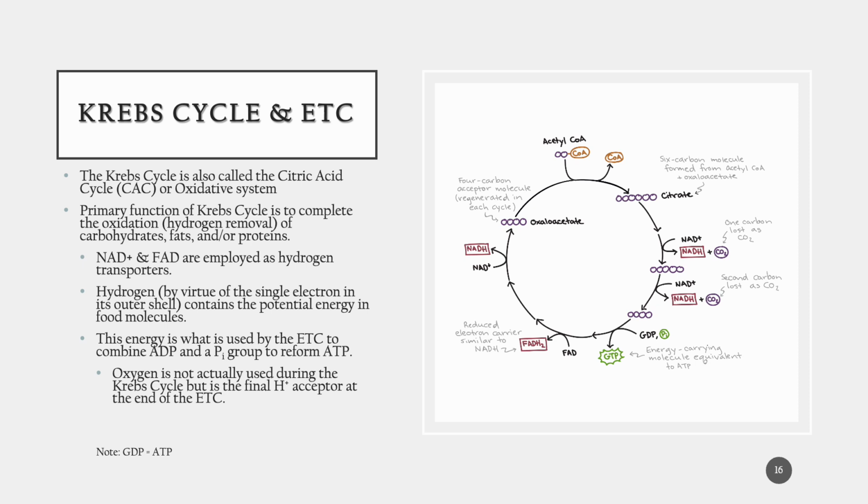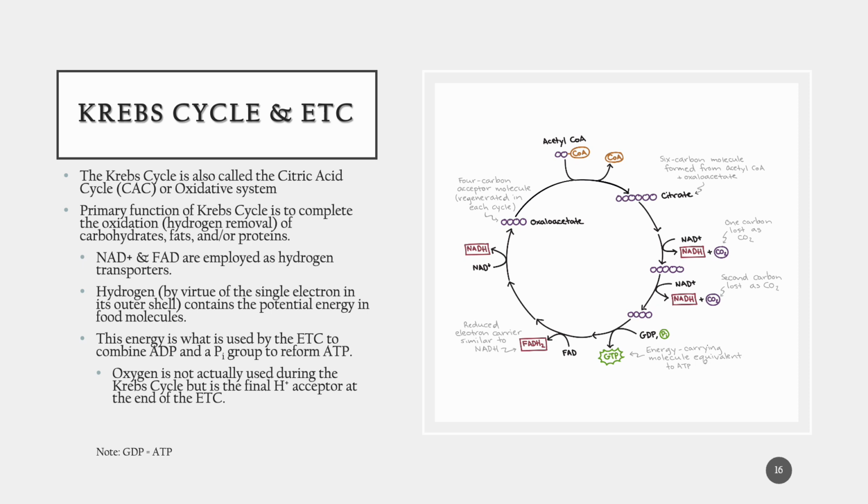It contains the potential energy in food molecules for the synthesis of ATP, which is our ultimate goal for this entire section. This energy is what is used for the ETC, the electron transport chain, to combine ADP and the phosphate to reform ATP. This goes back to the basic ATP-ADP cycle.